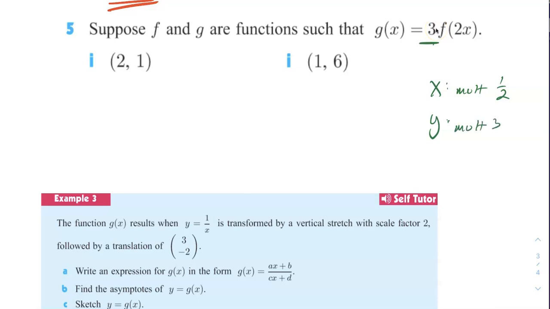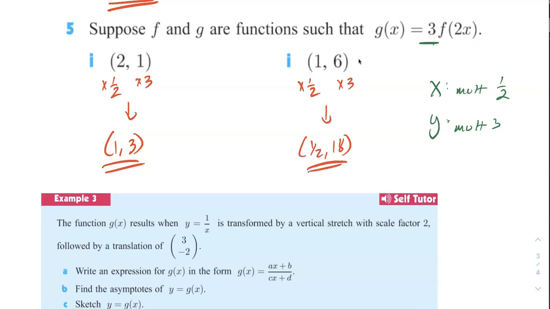So that's all I'm going to do to these points. On my x, I'm going to multiply 1/2. On my y, I'm going to multiply by 3. So I get this point here of (1, 3). That's my new point. Over here, we're going to do the same thing. We're going to multiply x's by 1/2, and we're going to multiply our y's by 3. We get the point (1/2, 18). So those are the new points of g based on what this does.